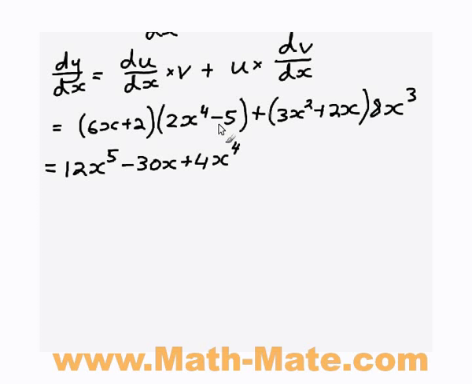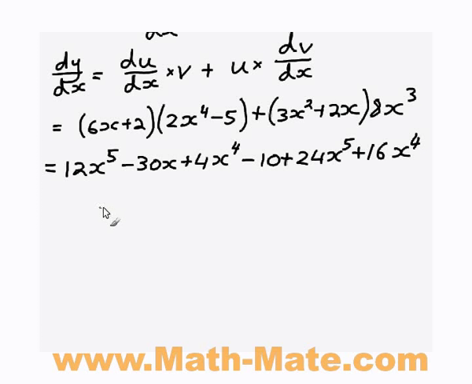And 2 times negative 5 is negative 10. Now we can move on to the next half of it. 3x squared times 8x cubed equals 24x to the power 5. And 2x times 8x cubed equals 16x to the power 4.